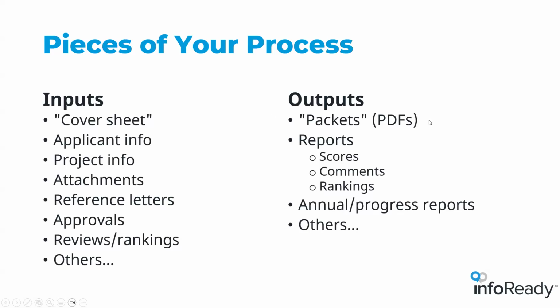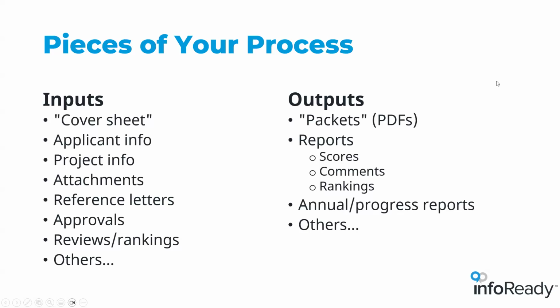And then the outputs: things like PDF packets, all of your Excel reporting, any kind of follow-up or progress report, and probably others as well. If anyone has other inputs or outputs that aren't on here, feel free to ask a question about those and we can talk through those. But the main goal of today is to help you understand where these different pieces live in InfoReady, and how you'll be able to generate these different outputs.